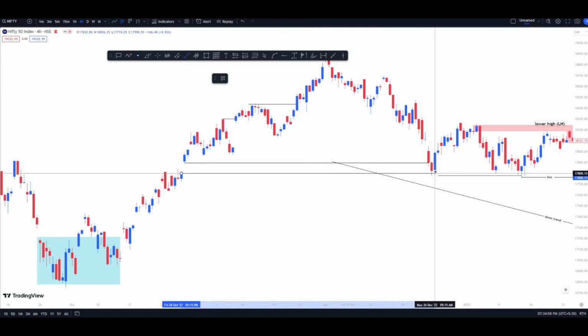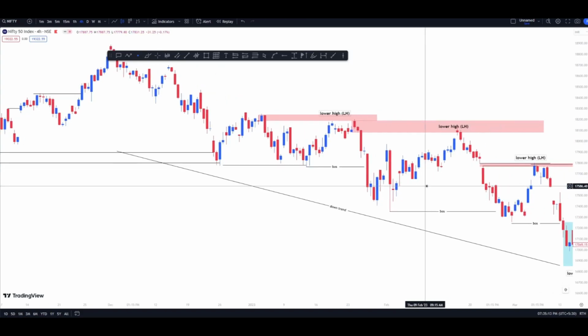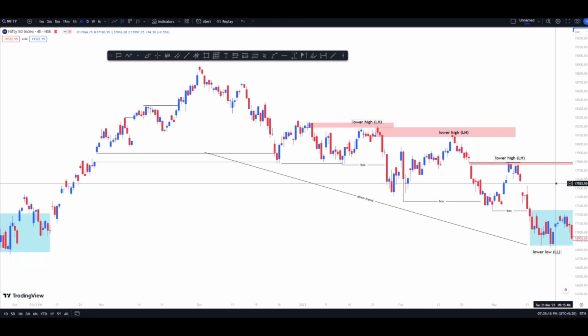It acted as a support, took a pause, gave us a pullback, and then price went for a huge consolidation for almost a month or so, and then we started trending. So if your goal is to become a trader, or even a part-time trader, you need to have a lot of patience, because price takes time to develop.